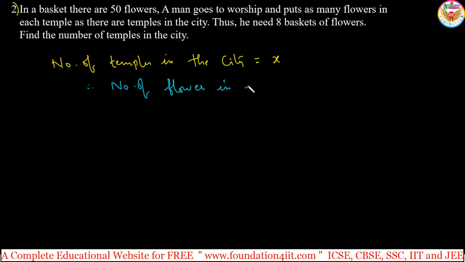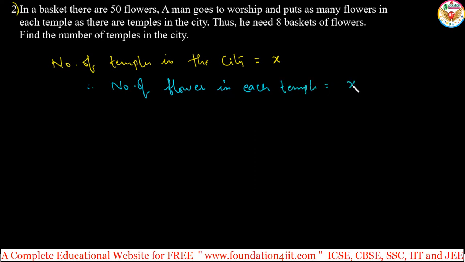So let the number of temples in the city be x, and the number of flowers in each temple is also x only. Therefore, the number of flowers in each temple is also x, because according to that he is doing that.